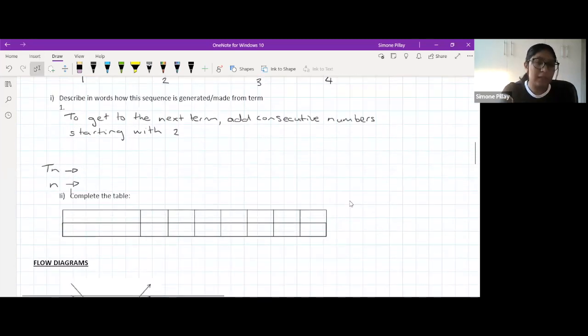Okay, so in my table, we're talking about TN and we're talking about N. I'm not seeing any answers in the chat, so let me go on ahead. My TN is my term number, and my N will be my number of dots.